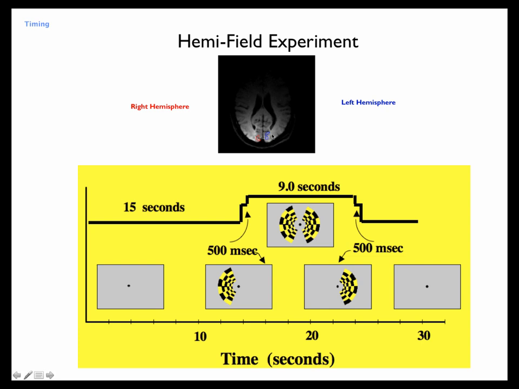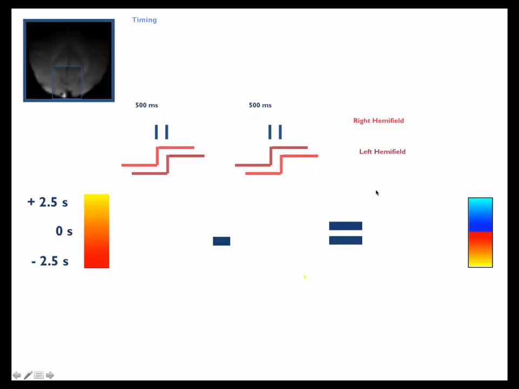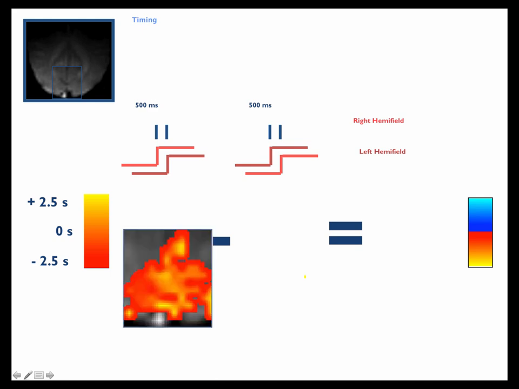So basically one hemisphere will activate the right visual cortex, one will activate the left. And what you see if you pick your regions of interest just right, and I just want to show this because it's kind of what people tend to do, is you can see a latency difference, and that's great. But in fact, that's not how things actually look.